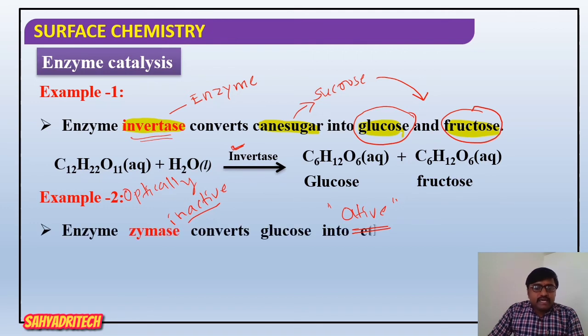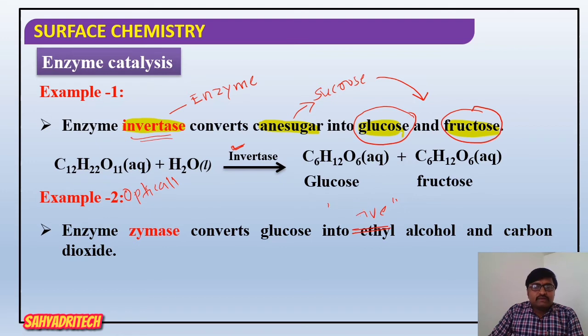Then coming to the second example, zymase is one more enzyme. What will zymase do? Zymase converts glucose, C6H12O6, into ethanol, ethyl alcohol, and carbon dioxide.